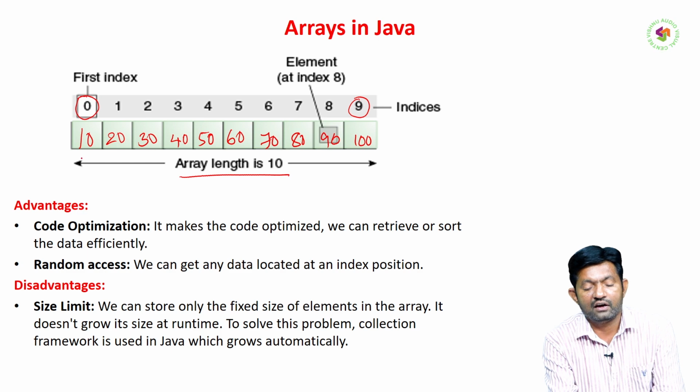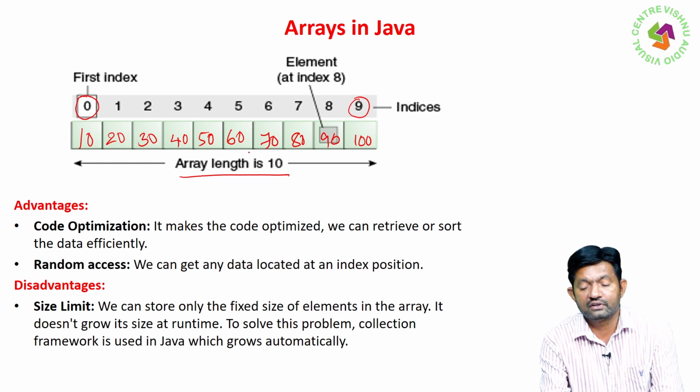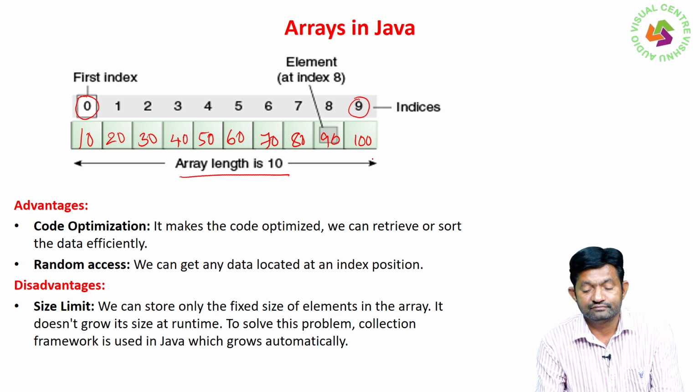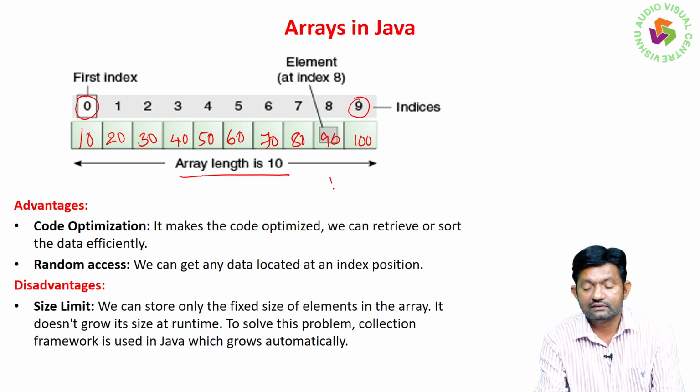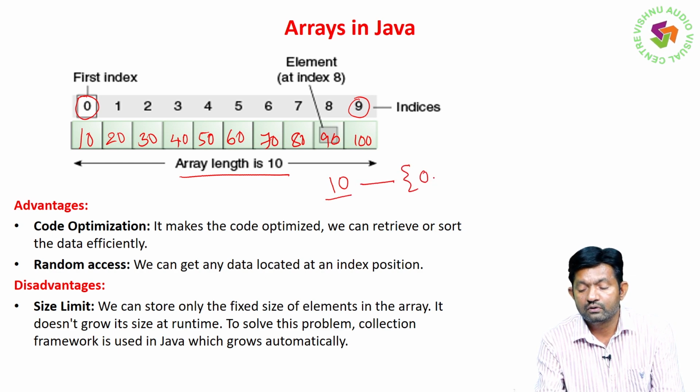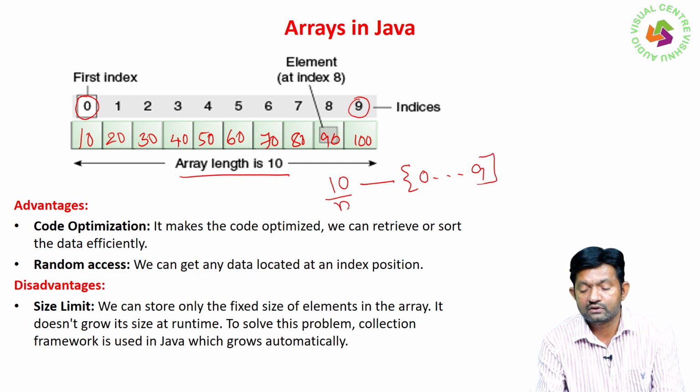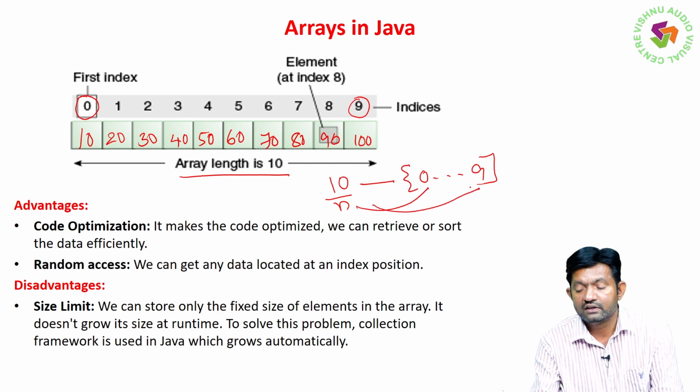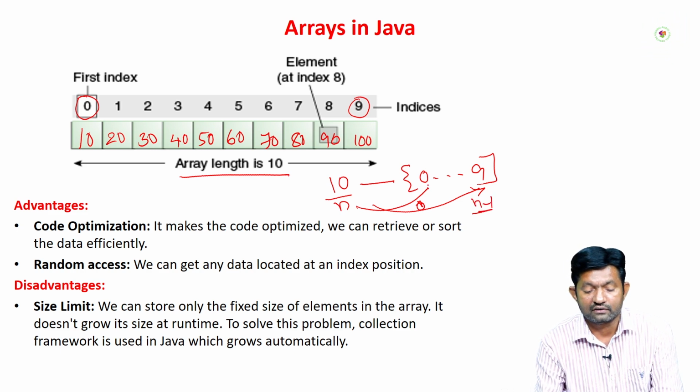So the array length is 10. Index starts with 0 and ends with n-1. Suppose n is equal to 10, then the indices run from 0 to 9.